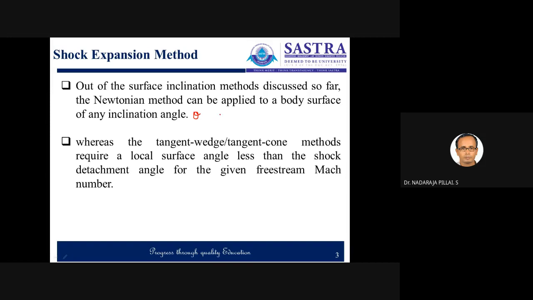For example, if you know theta, then you can calculate Cp, which is equal to 2 sine square theta. And if you know Cp, you can calculate further Cl, Cd, and L by D. So like that it goes.